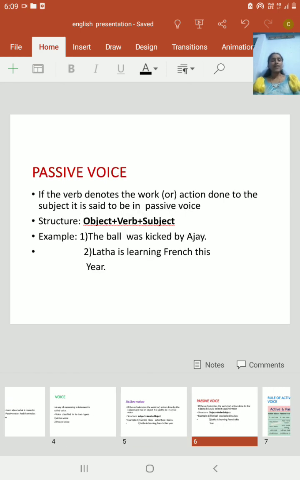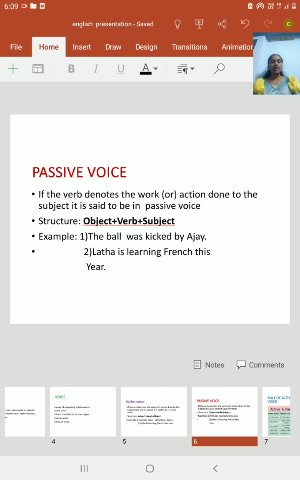And next one, passive voice. If the work or action is done to the subject, it is said to be in passive voice. Structure: object plus verb plus subject. Example, the ball was kicked by Ajay.